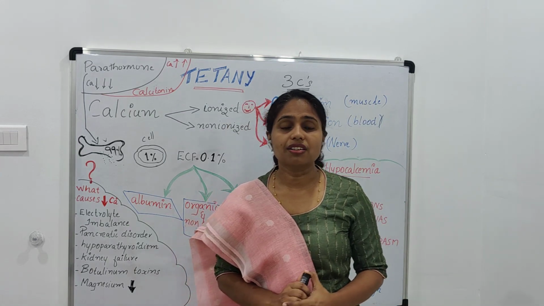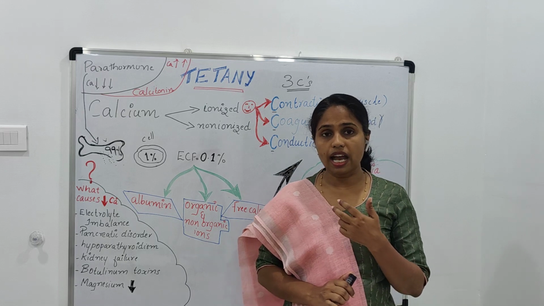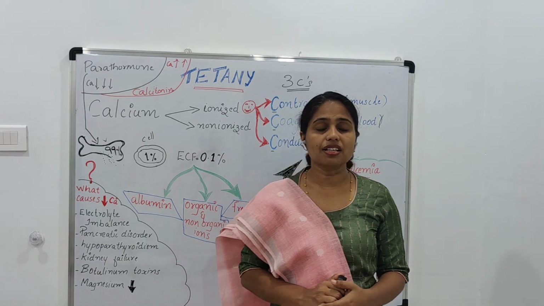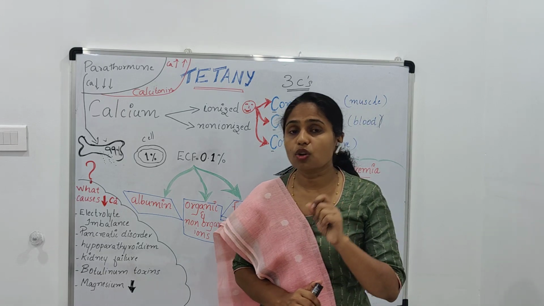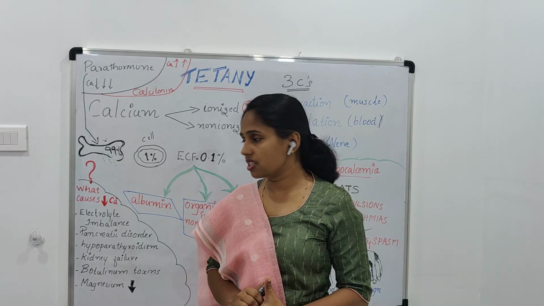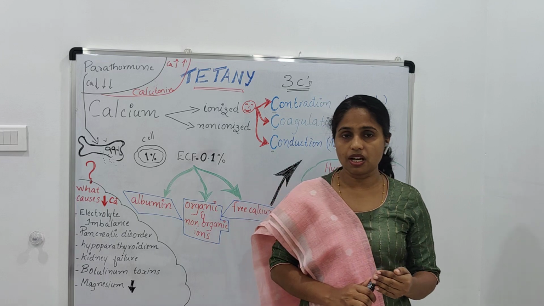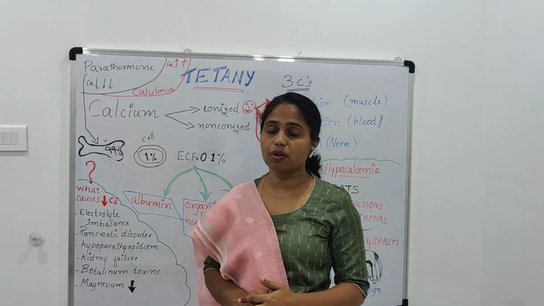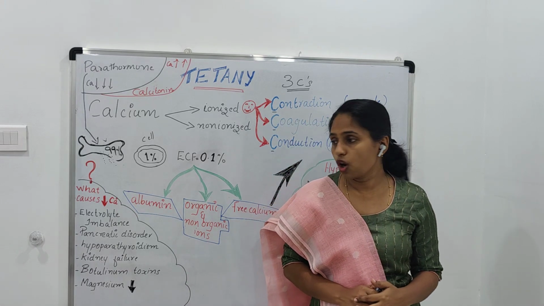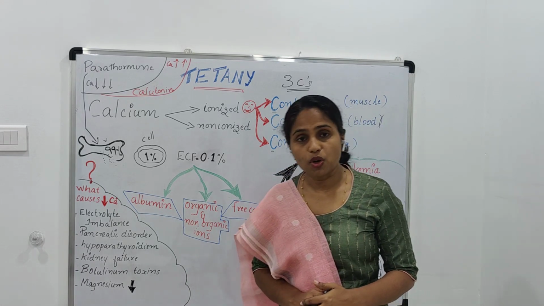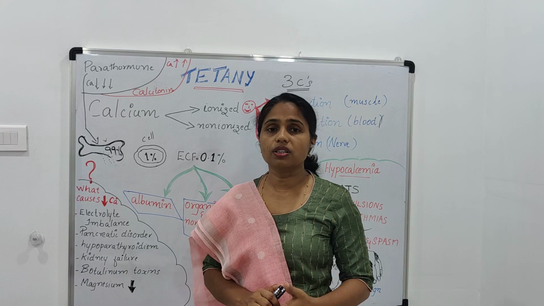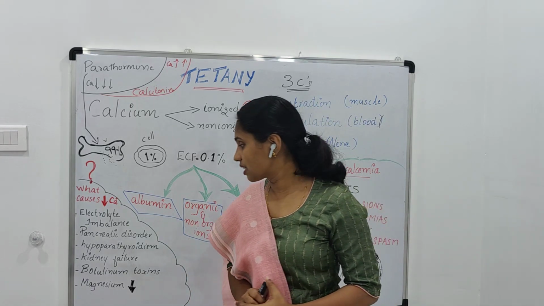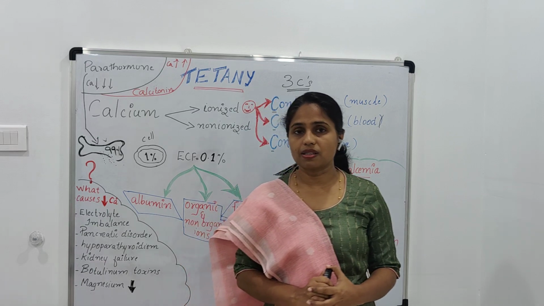And kidney failure: the kidney is necessary for activating parathormone, so if kidneys fail, parathormone activation is decreased and calcium absorption is altered. Then botulinum toxins again alter the absorption or metabolism of calcium, and then decreased magnesium level.